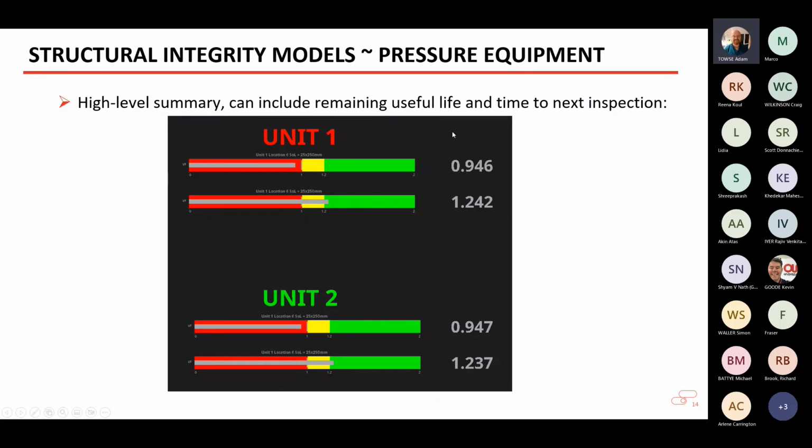But when this number gets below 1, that's when we've run out of life, and we can extrapolate forwards in time based on the historical usage to say, well, you really need to be inspecting in 5 years' time, or you need to be replacing this part in 10 years' time, or whatever it might be.